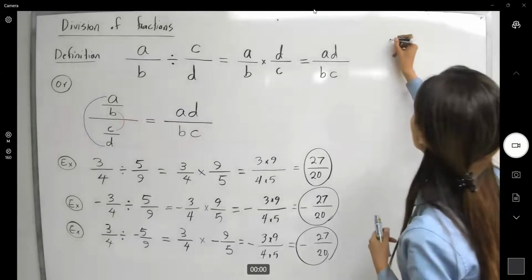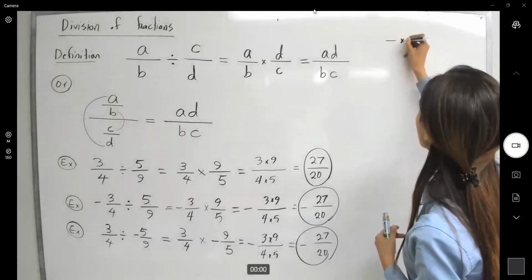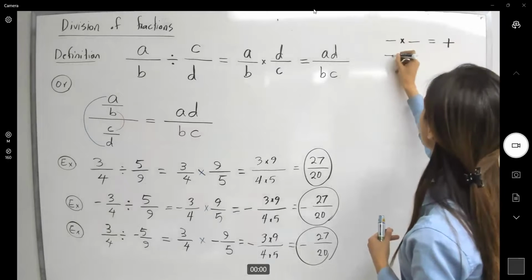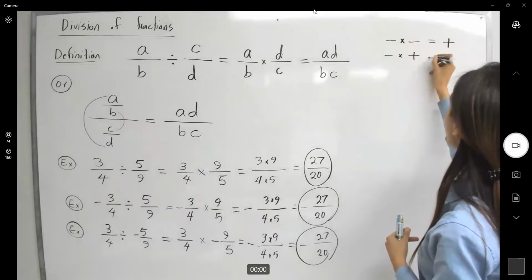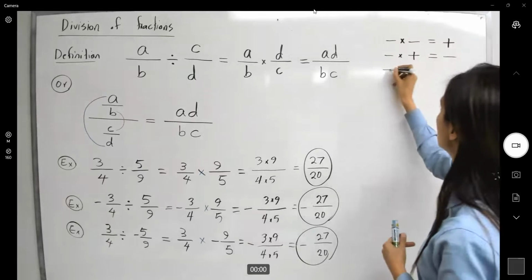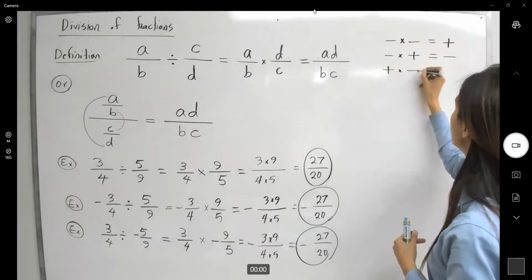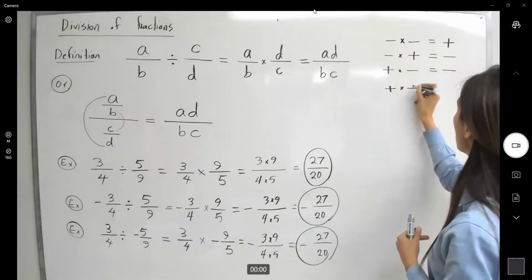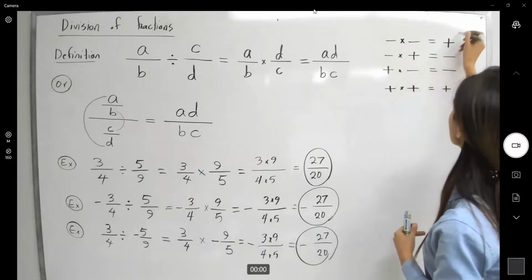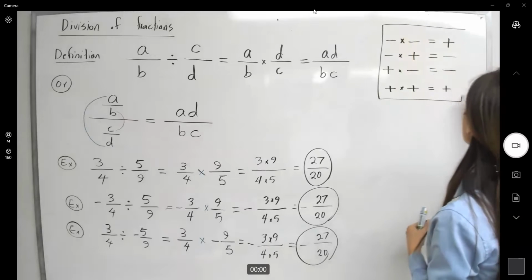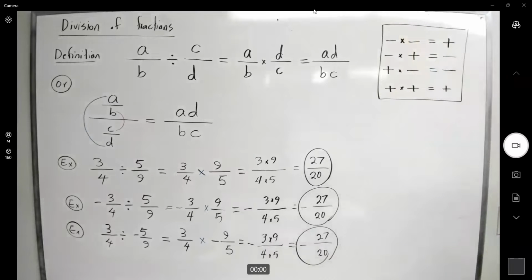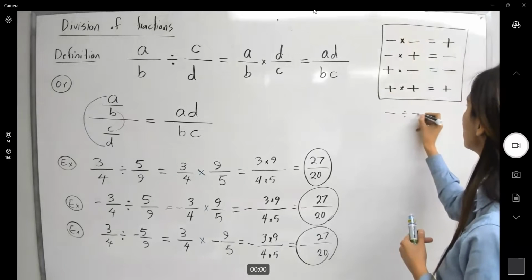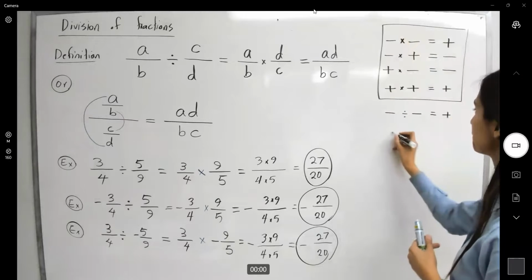So in general, negative times negative is positive. Negative times positive is negative. Positive times negative is negative, and positive times positive is positive. This is true for multiplication and also division. Negative divided by negative is positive.